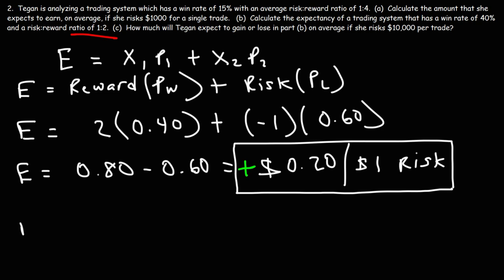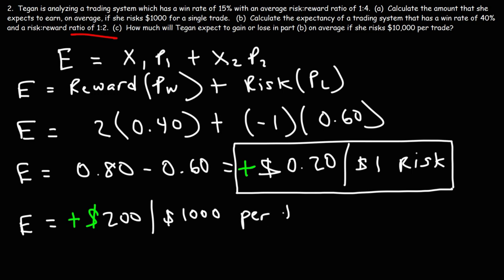If she were to risk $1,000 per trade, she would expect to earn $200 for every $1,000 that she risks per trade, which is pretty good. So in the long run, she's going to earn income with this trading system.